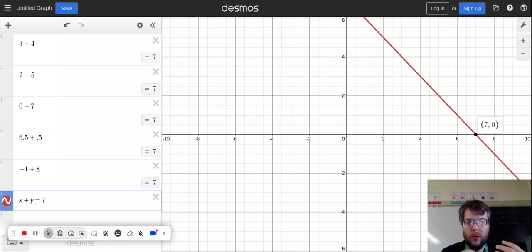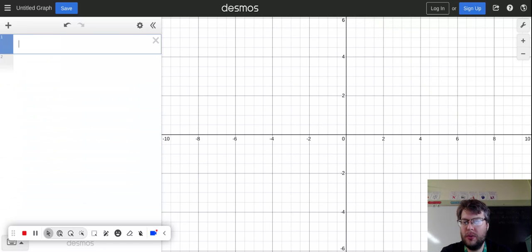So I'll show you one other sort of example that also has solutions. Let's say that I have a situation where maybe I'm starting out and I have some money and I'm going to spend it. So I have, say, 50 bucks and I'm going to spend it. And I'm going to buy $5 burritos or something like that.